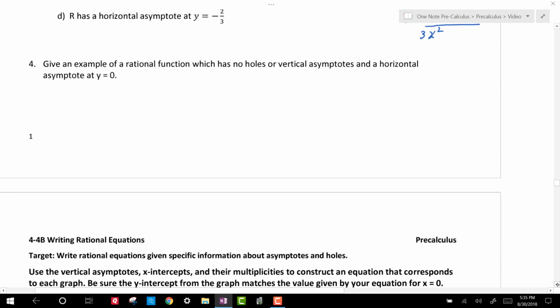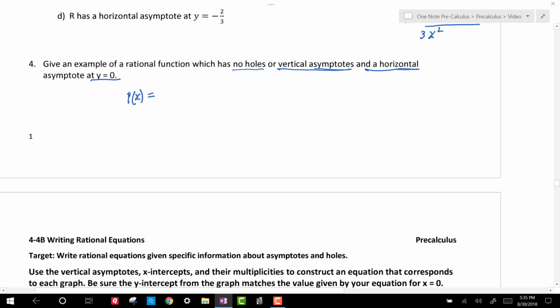Number 4, give an example of a rational function which has no holes, no vertical asymptotes, and a horizontal asymptote at y equals 0. This should be interesting. So let's start off. I'm just going to write it as p of x, and I'm just going to think my way through this.